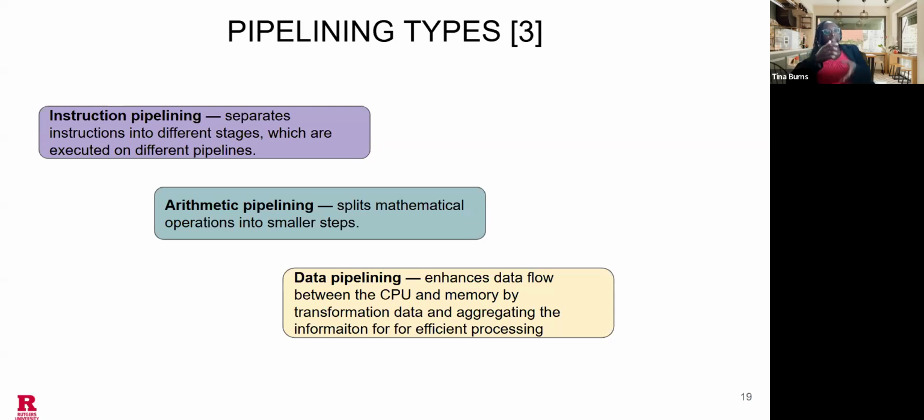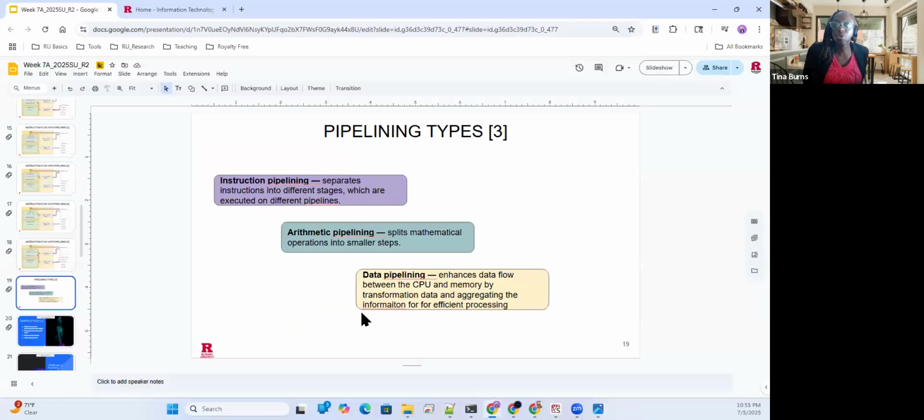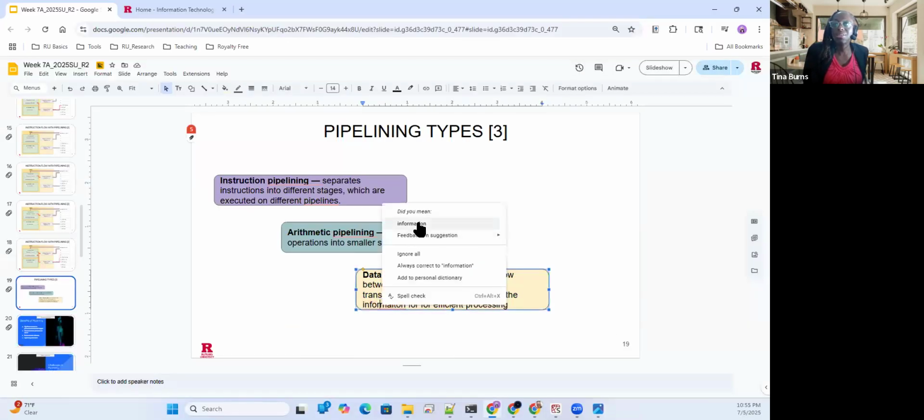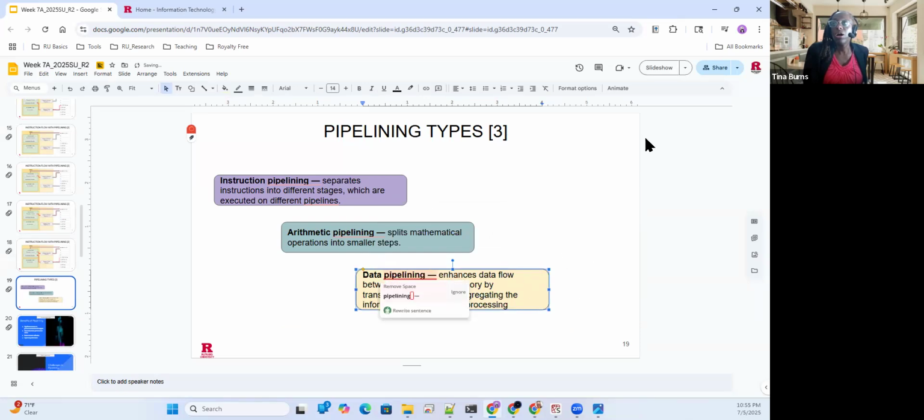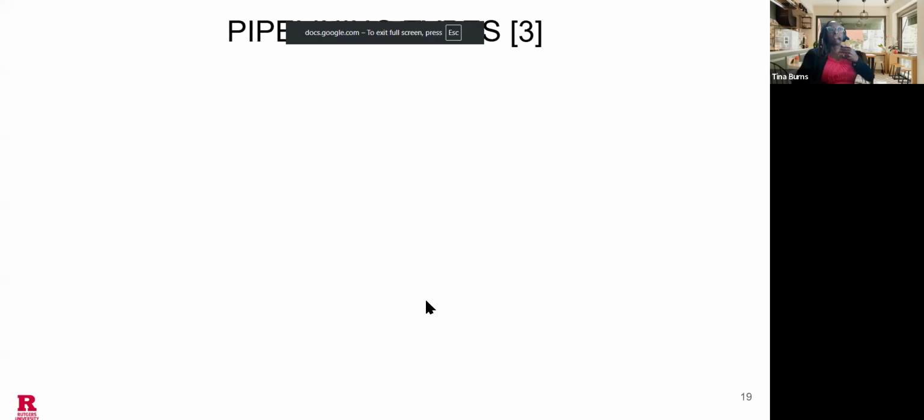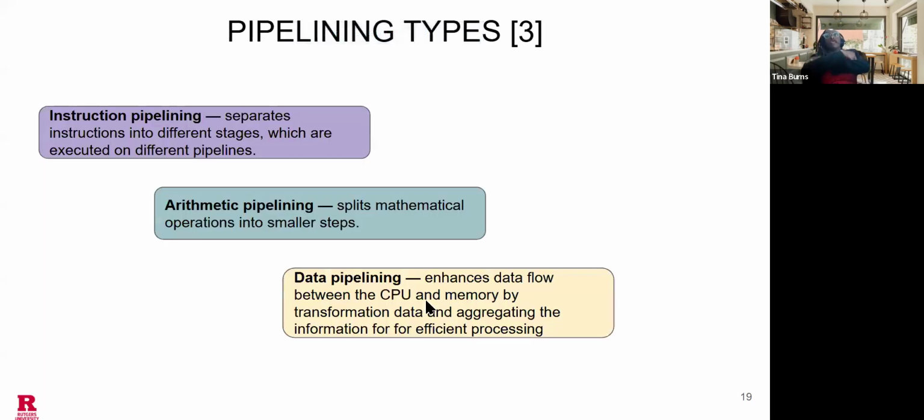And the way that it does that is it takes this block of data, transforms it, and then aggregates it so that you can combine it all. It's similar to how we saw in the instruction architecture, where if we're only doing the fetch or only the decode and the other one's not being used, you have empty spaces.